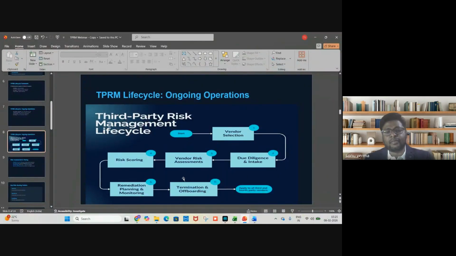And then in case the vendor decides to move out of the contract, they will say, okay, I am not able to deliver the services because of some reason, or your company decides to remove the vendor from your approved vendor list. And we are marking the vendor as SDB, stop doing business.